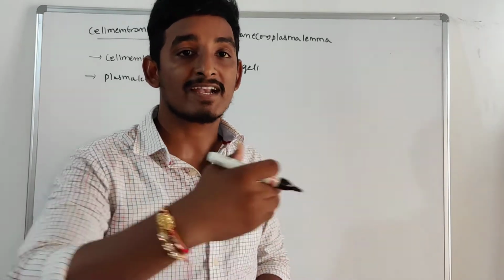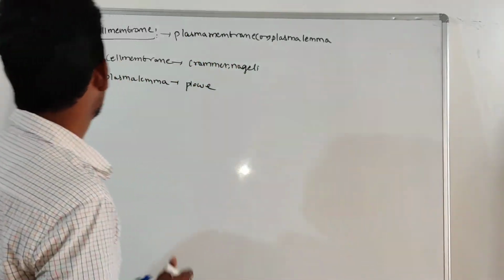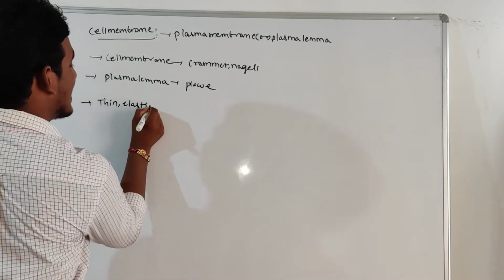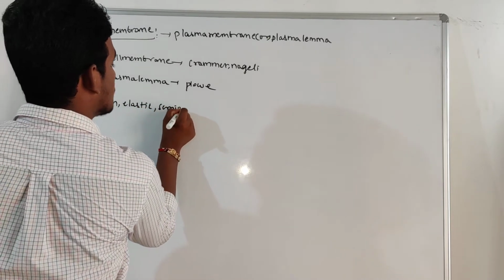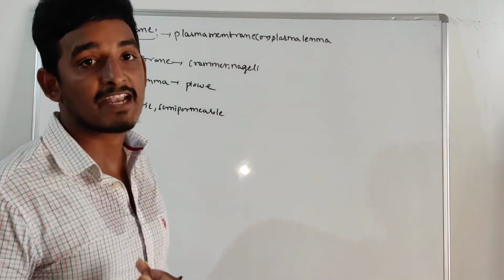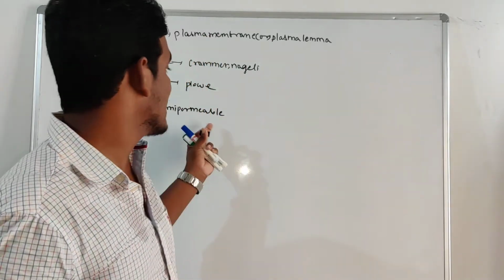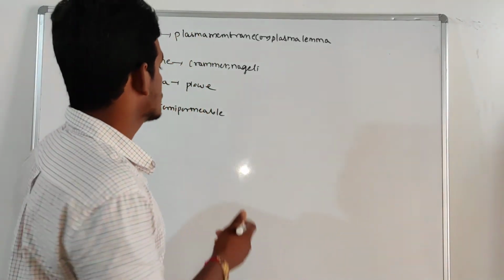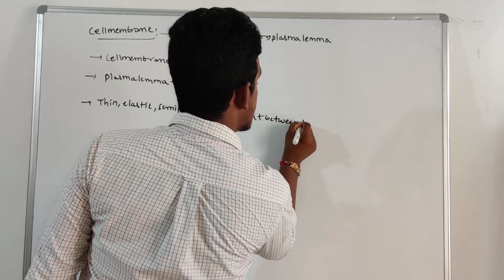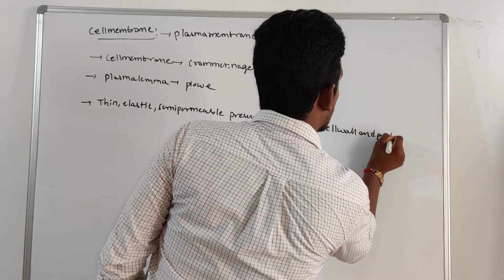In plant cells, the cell membrane is present between the cell wall and the protoplasm.